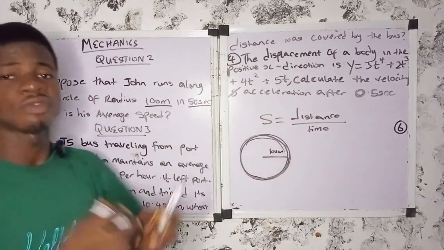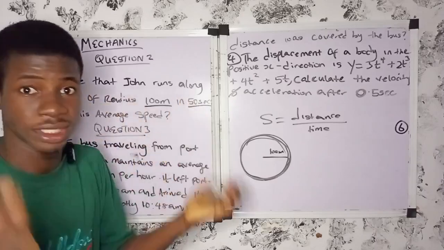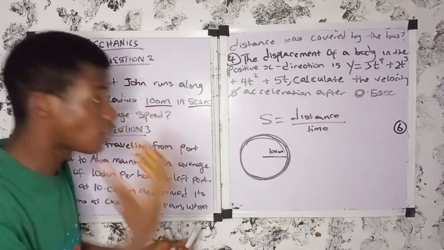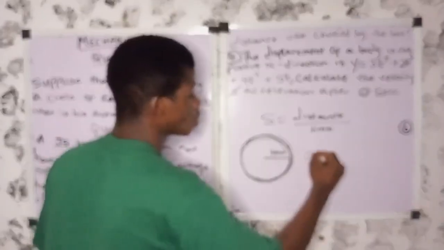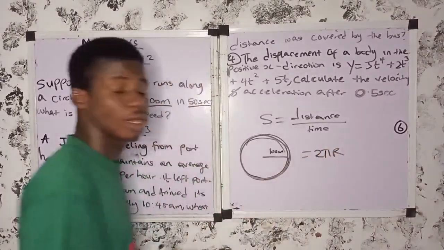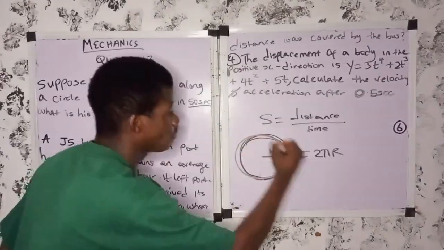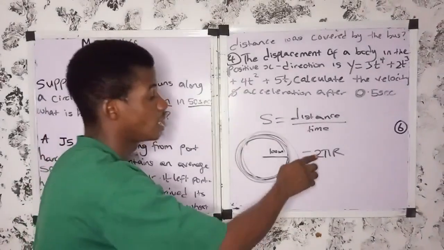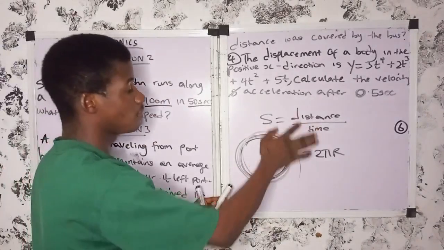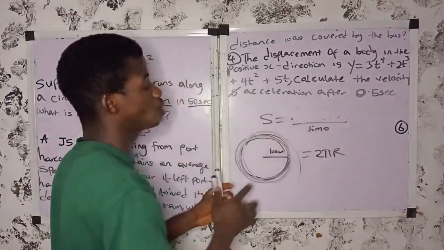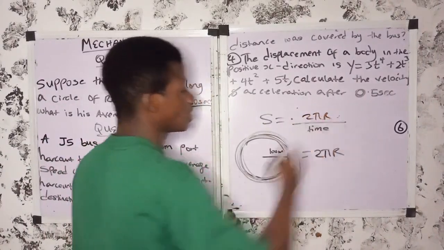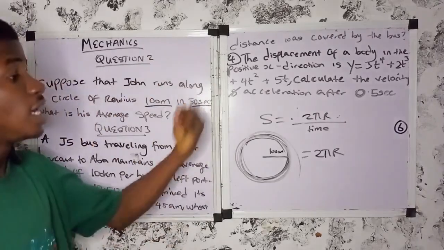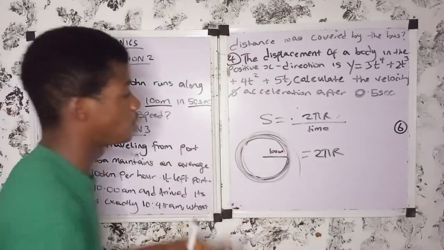Now remember, the distance of a circle, or you can say the circumference, is equal to 2 pi r. So in the place of distance, we put 2 pi r. The whole circumference of a circle is equal to 2 pi r.